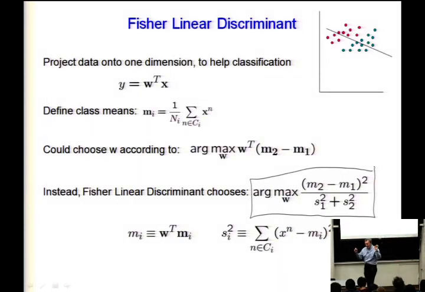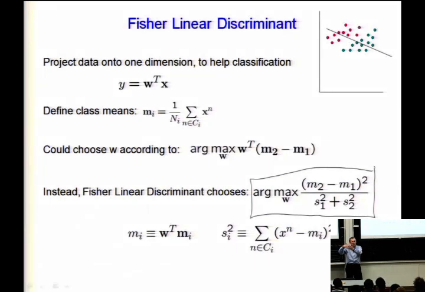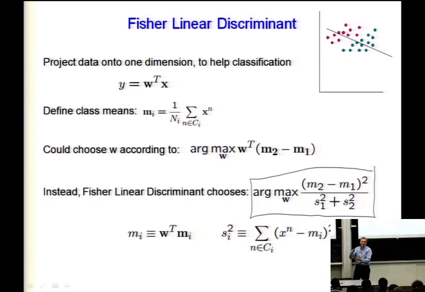Those are the means of the projected points, not the points in the original space. So M1 is the mean of all the green points, let's call that class 1, once they're projected into the new space. M2 is the mean of all the other colored points once they're projected onto the space.